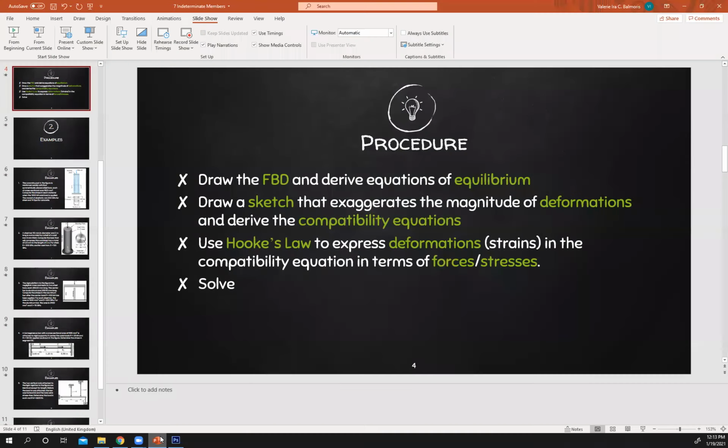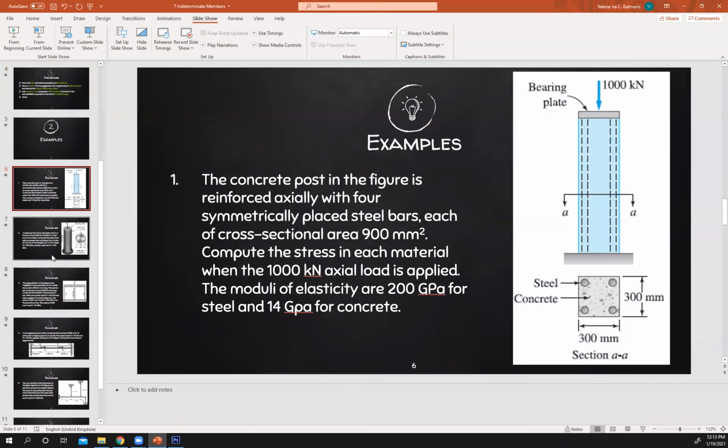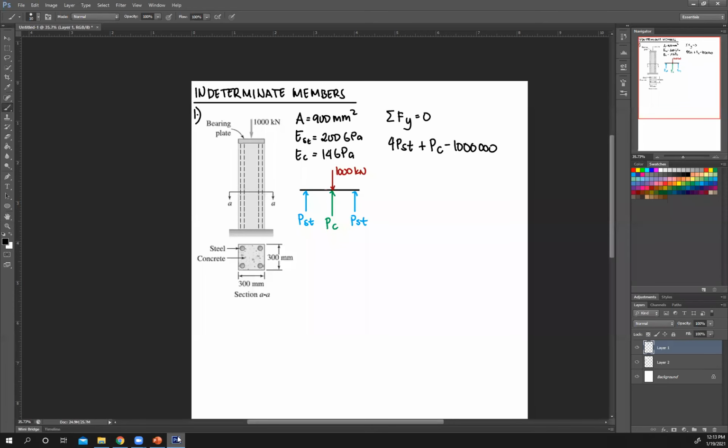And then look here at our first problem. We're looking for stress. Compute the stress in each material. So depending on what you're looking for, you're gonna express your terms in the term that we're looking for. So here we have forces, express that in terms of stress. And again, stress is just force over area. Therefore, force is just stress times area. So convert all of these to stresses.